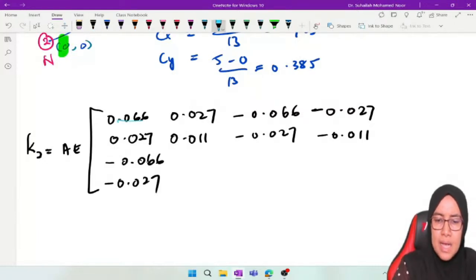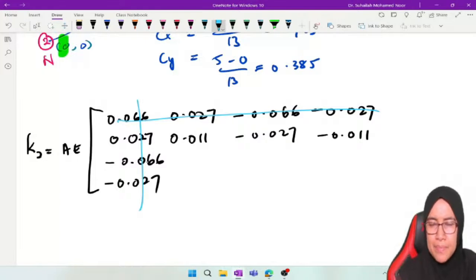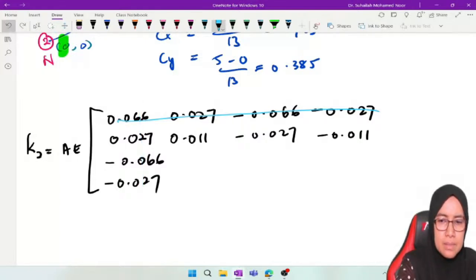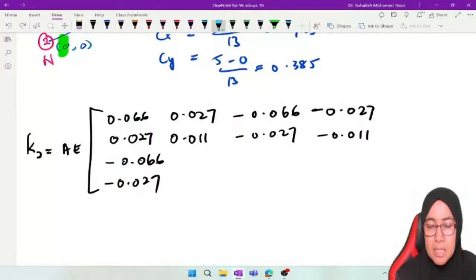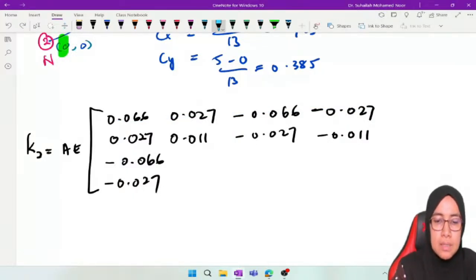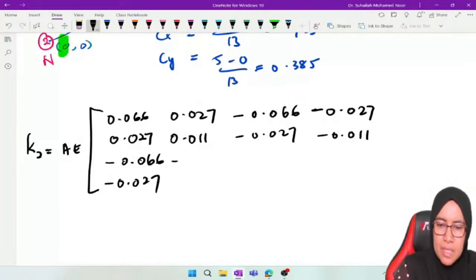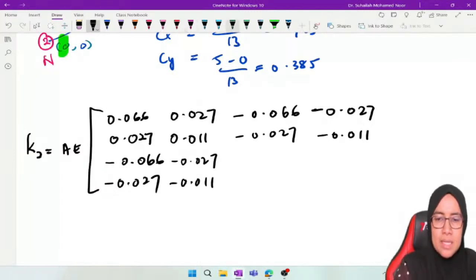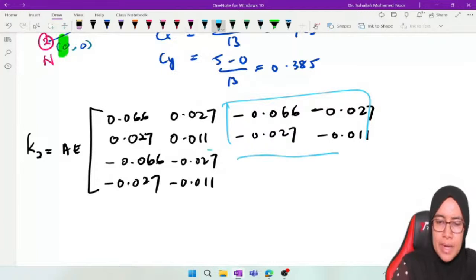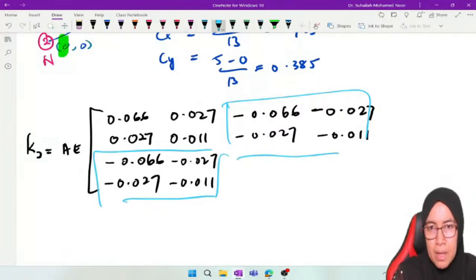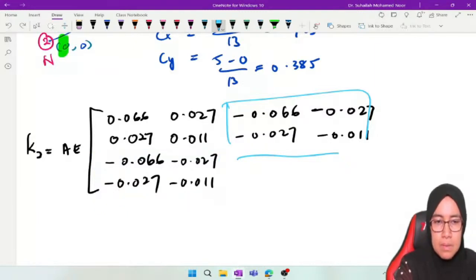Negative 0.027, because this line is the same as this line, because it is a symmetry matrix. Next value, negative 0.027, negative 0.011. Another check is that this 4 value and this 4 value are also the same.